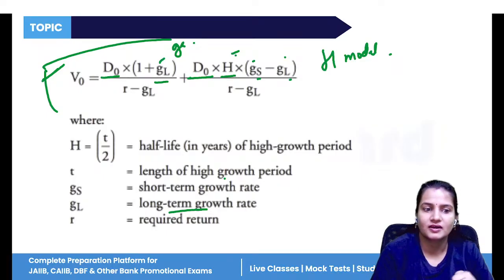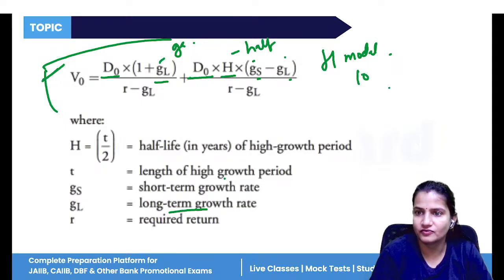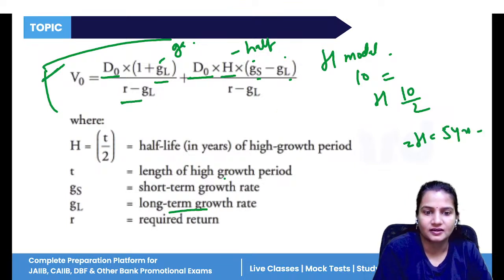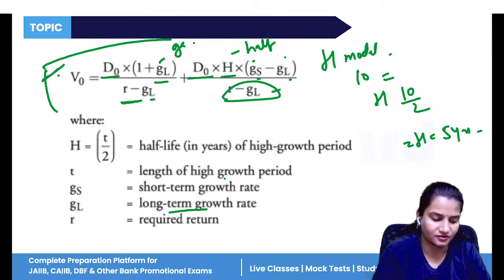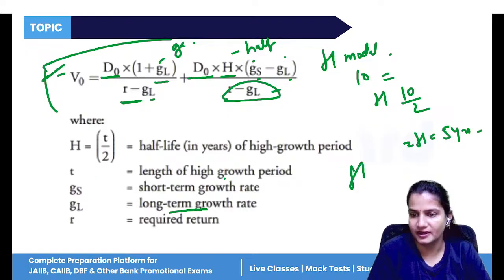GL is the long term growth. H is the half time; if it is 10 years, we take H as 10 by 2, that is H equals 5 years. Then required rate of return minus long-term growth in both the cases. So this is the formula of your H model.